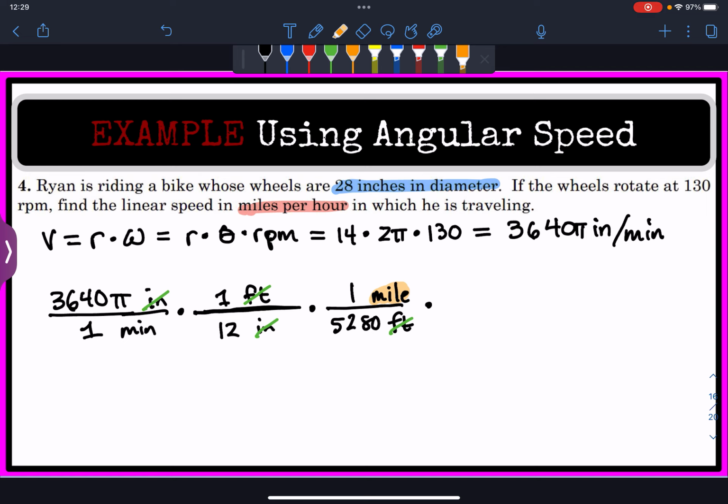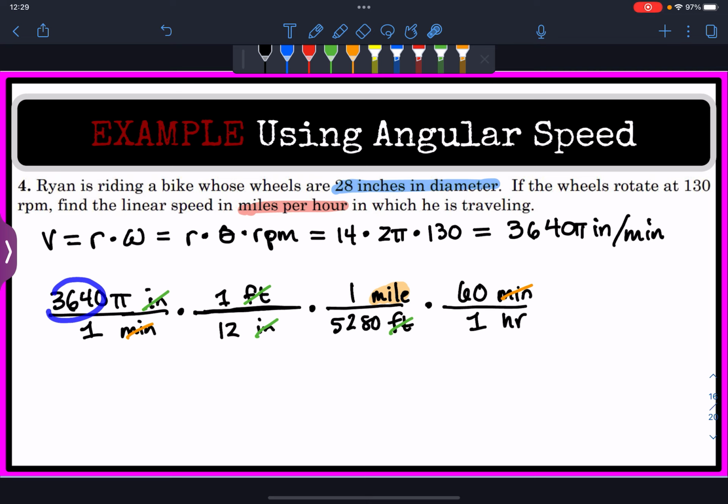Now I want to also change the minutes into hours. Well, 60 minutes in 1 hour. And that will reduce the minutes, and now I have my conversion. So here I would multiply all the top.